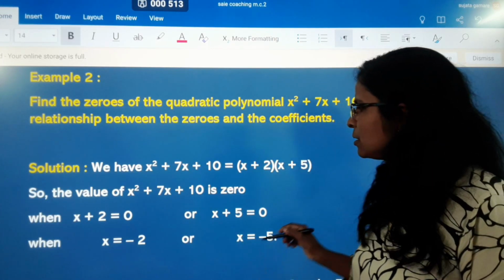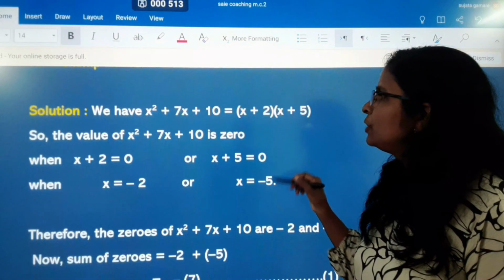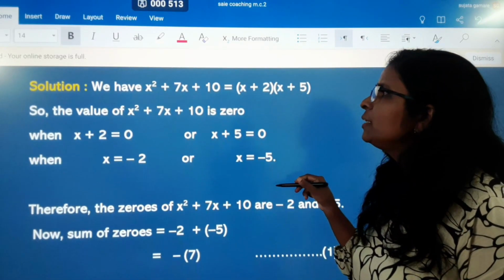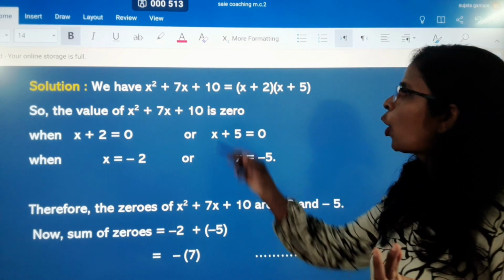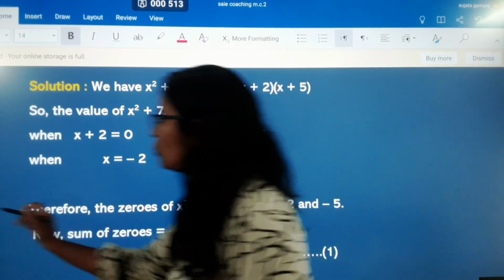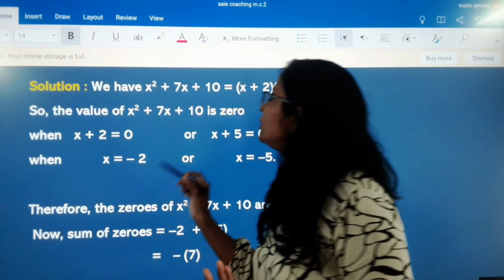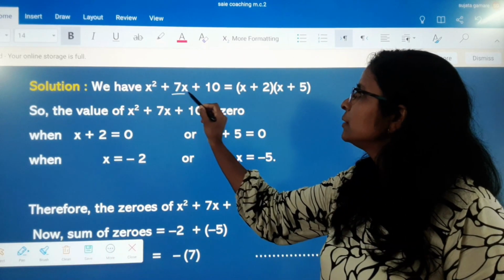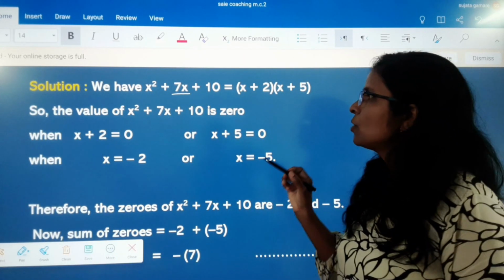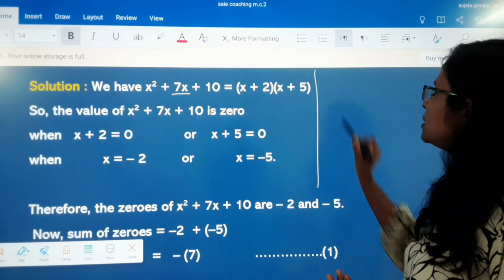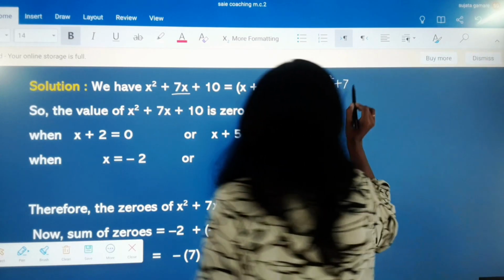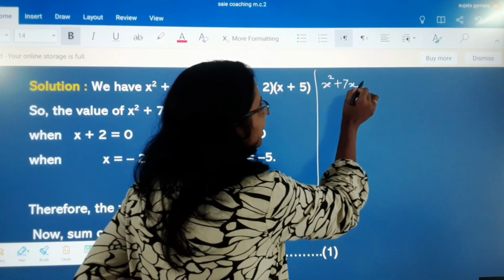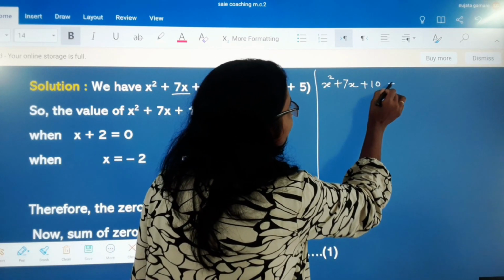So first we do the method of splitting the middle term of the given polynomial. Here the middle term is 7x. How can we split this? x square plus 7x plus 10 is equal to 0.